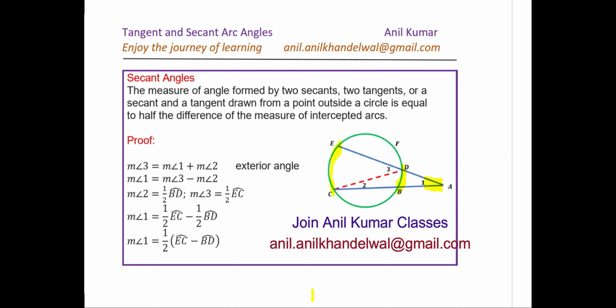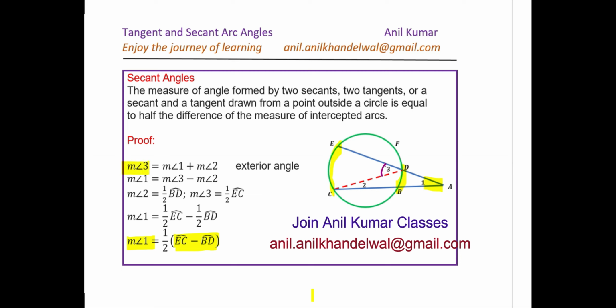And the formula this time is the difference of arcs, right? How do we prove that? Well, the concept is similar. We construct a line CD connecting C and D, and now you can see 3 is an external angle. It should be equal to the sum of angle 1 and 2.